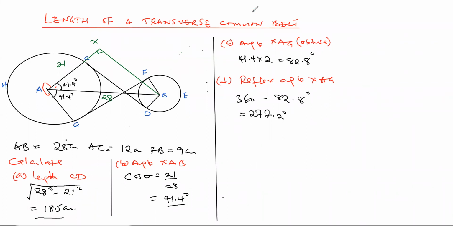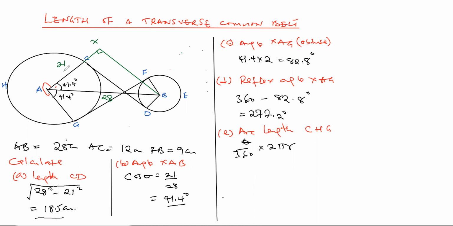Once we get there, the next step is I can now get the arc length CHG. So question E is arc length CHG. To get the arc length CHG, we have everything. Arc length is theta over 360 times 2 pi r. Theta is 277.2, pi is 22 over 7, and R is the radius, and that radius AC is 12 centimeters.